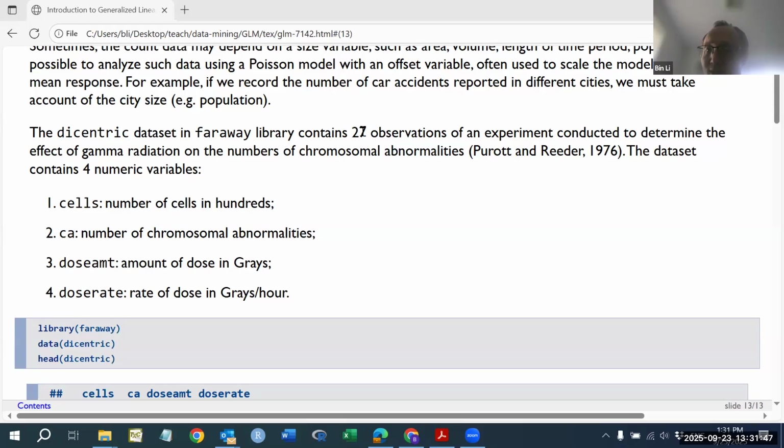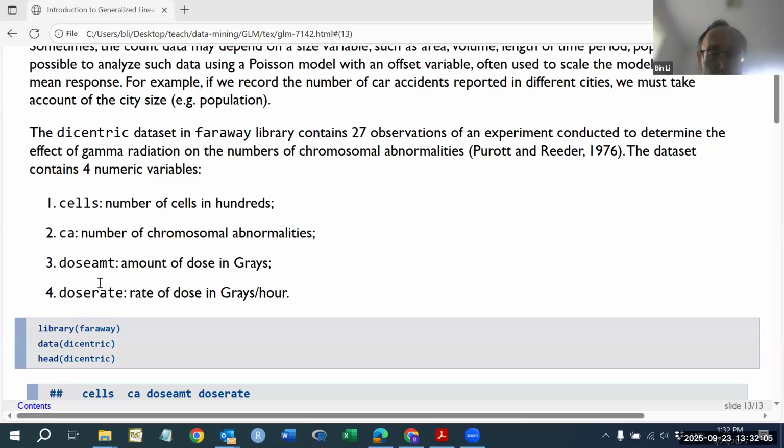We have 27 observations. So this study was conducted to determine the effect of gamma radiation on the number of chromosome abnormalities.